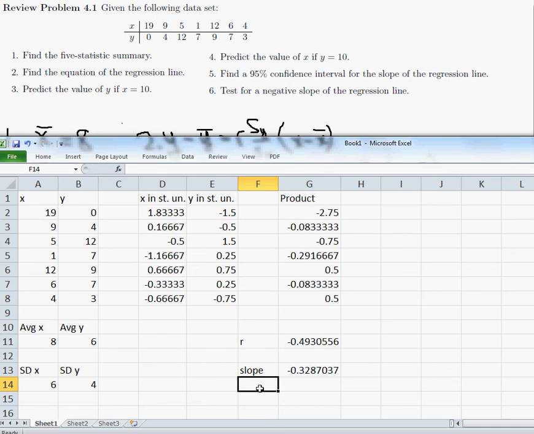And so the predicted y value would be equal to this slope that we just found times 2 plus 6. So for 5.343.